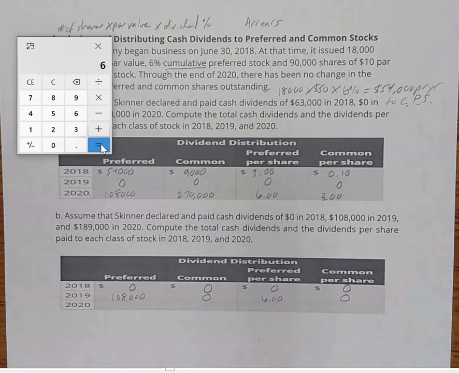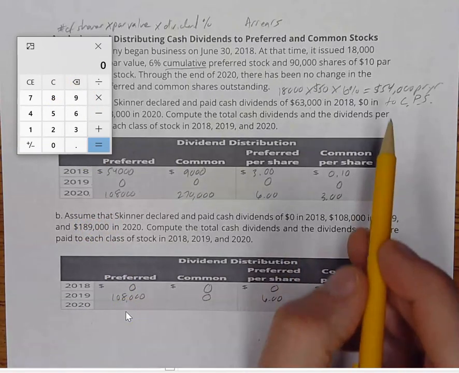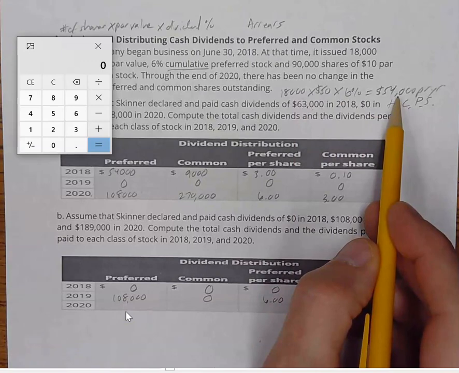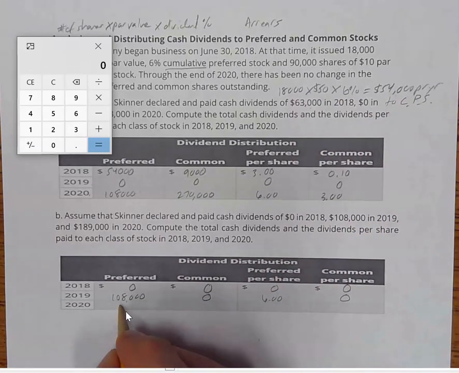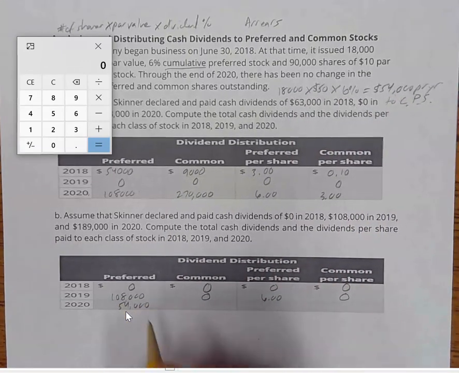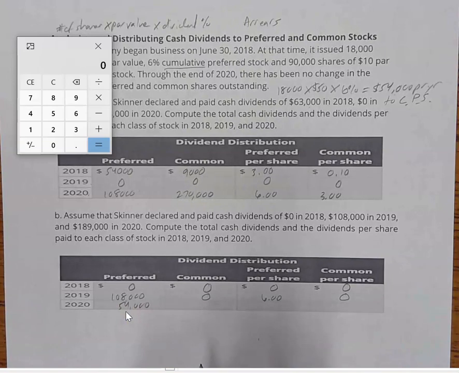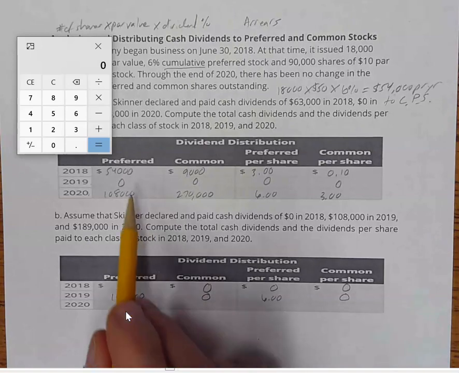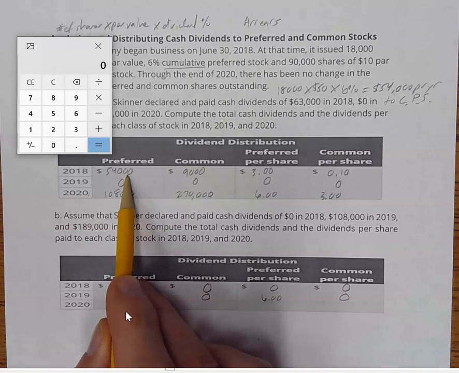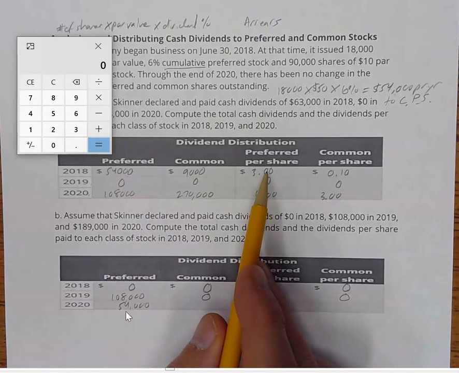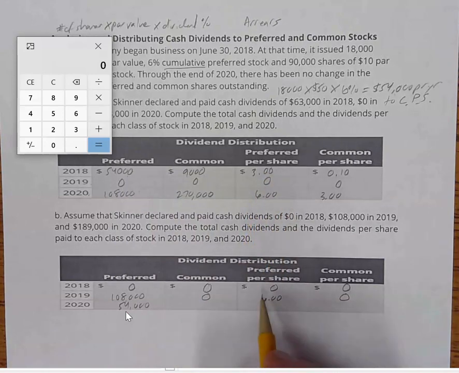And let's see what happens in 2020. They're going to pay out $189,000 in 2020, but the formula is still the same. We're going to pay $54,000 to the preferred stockholders, and we can actually jump up here and see that this has already happened once, and that was a per share dividend amount of $3.